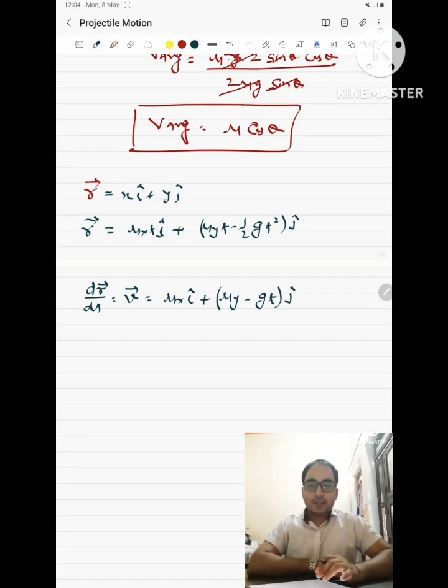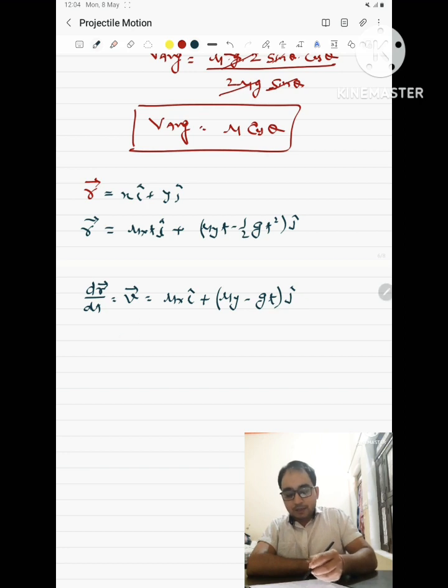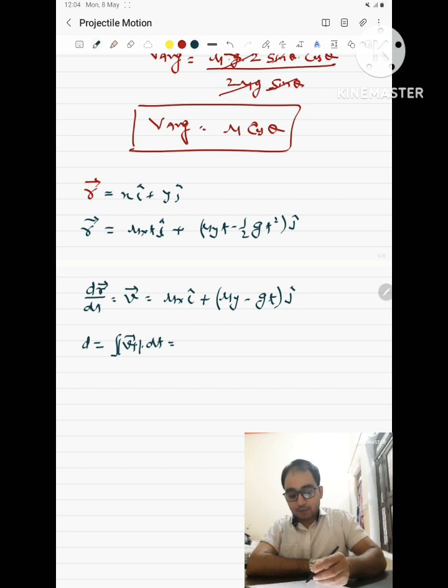We can also calculate the distance traveled in t time. So distance is given by mod v dt, which is the distance traveled by the particle. Mod of v will be the square root of ux square plus uy minus gt whole square, dt from 0 to t.